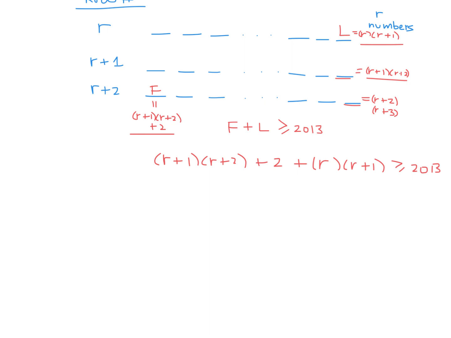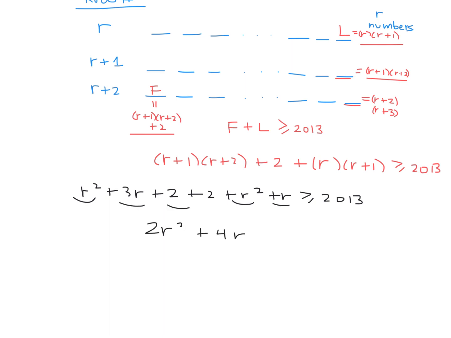Okay, so let's try to expand this. So we got R squared plus 3R plus 2 plus R squared plus R is greater than or equal to 2013. And then this R squared and this R squared, that becomes 2R squared. That and that is 4R. And then that's 4.